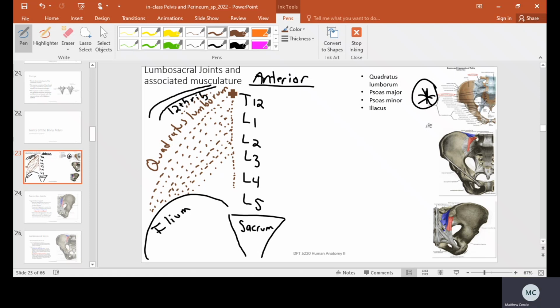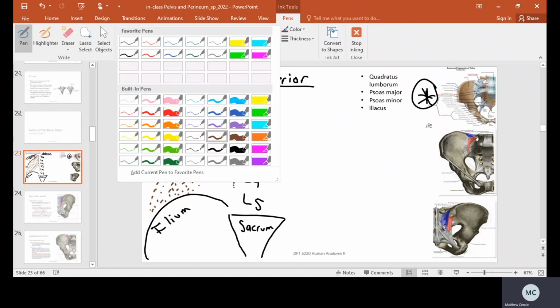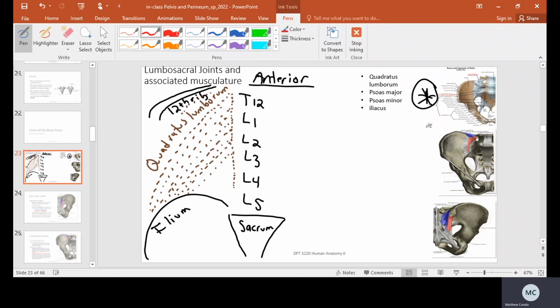The next big muscle we're going to encounter is psoas major. Psoas major comes off of basically the transverse processes of L1 to L5.